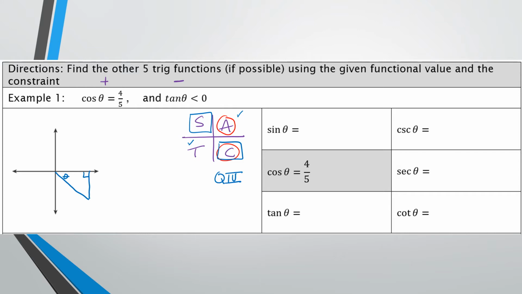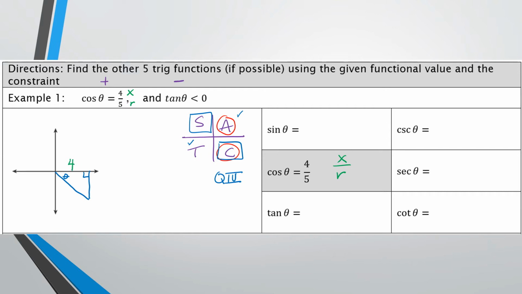And the key is that you have to remember that cosine, and I'm going to write it in this gray box over here, cosine is x over r. So the information I was given is that cosine is 4 over 5, so that means 4 is x and 5 is r.